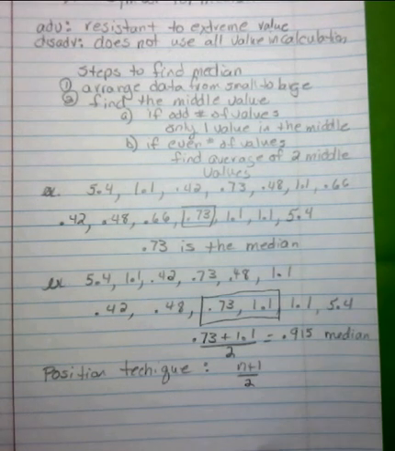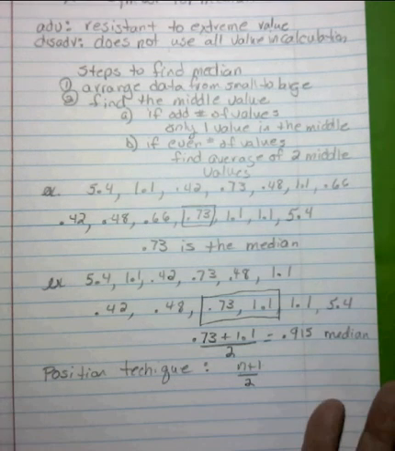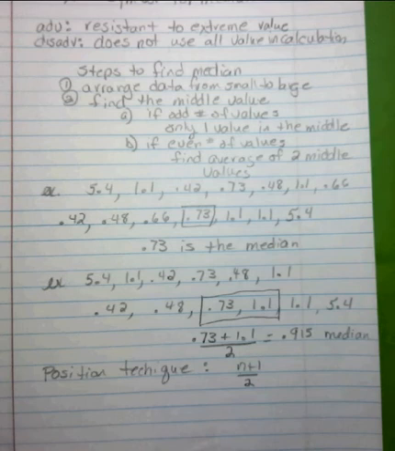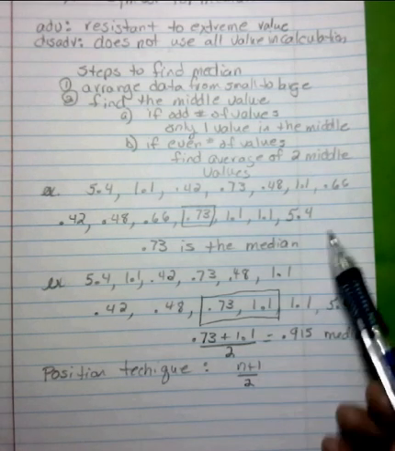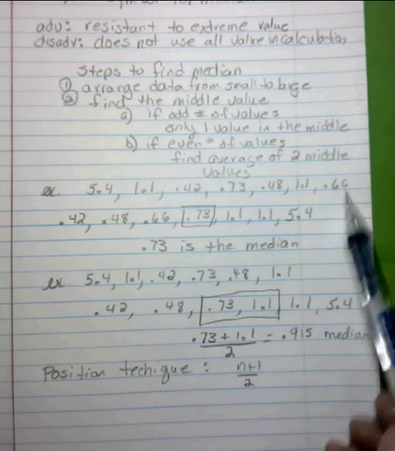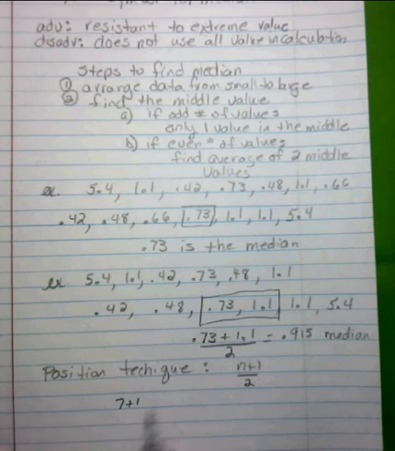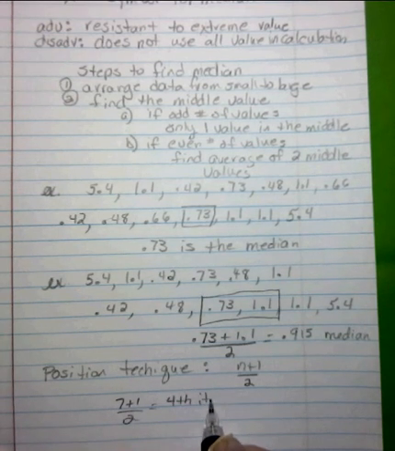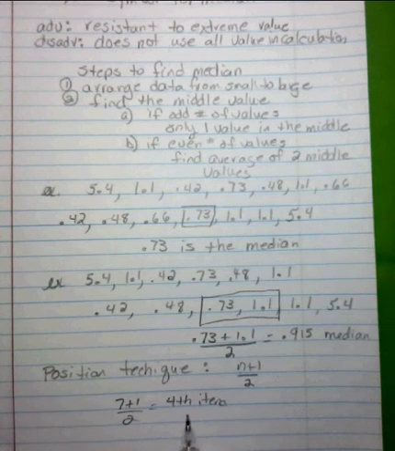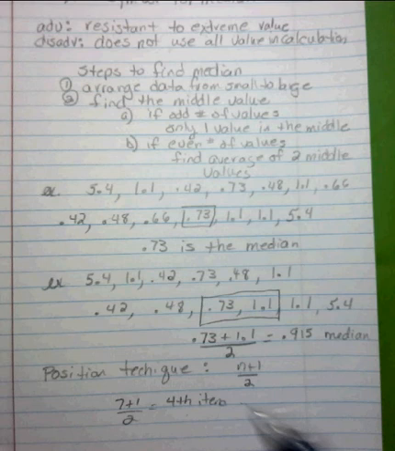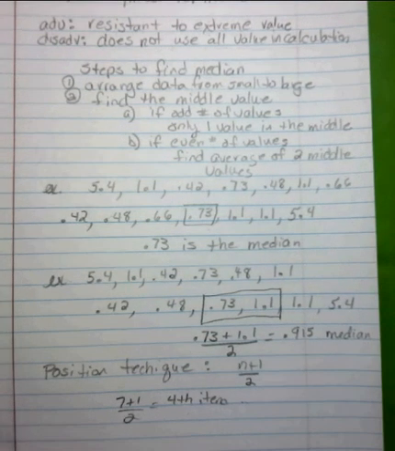That gives us the position to find the median. If we go back and look at our examples, we had 7 items in the first group. So 7 plus 1 divided by 2 tells us the fourth item is the position for the median. So 1, 2, 3, 4 gives us the median in that set of items.